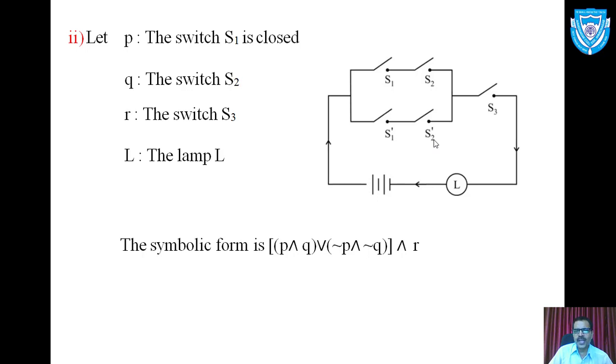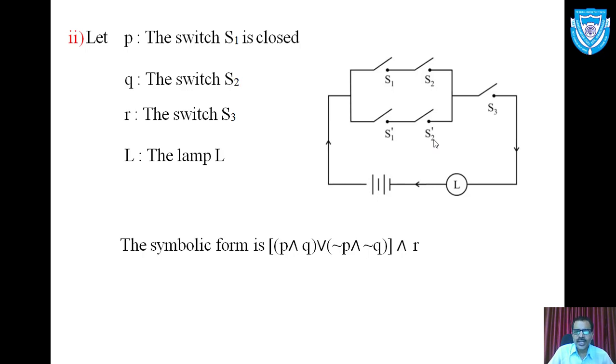Now the first 2 loops are parallel to each other, so we have to connect them by the logical connective OR, and the complete combination of the first and second loop is in series with the third one.